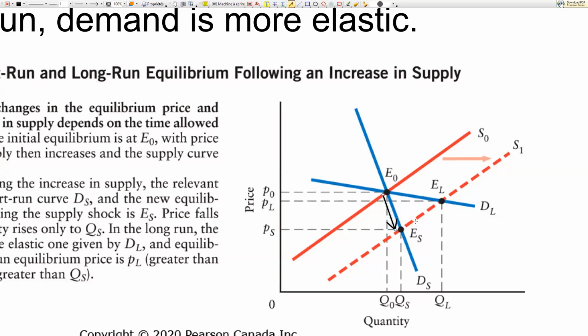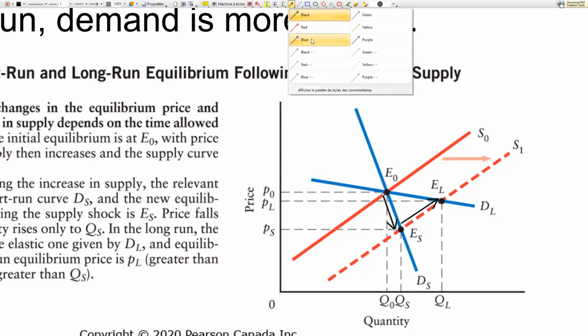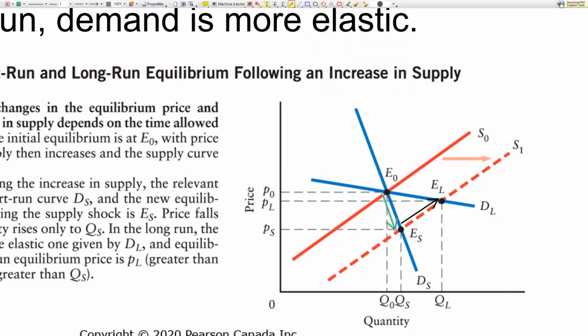So then the price is going to increase again. So we're going to go there. So this is, let's see, green is short run and yellow is long run.